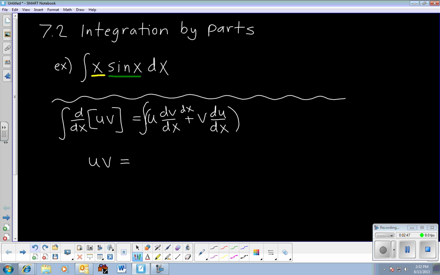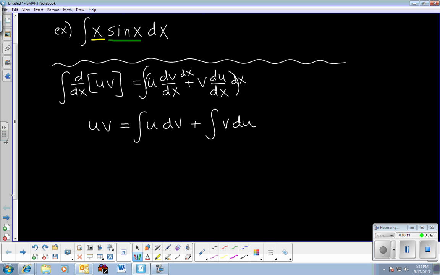I should be technical and throw that in when I put my integration symbol in. But I'm left on the right side with the integral of u, and then the dv dx times dx kind of just cancel out and leaves me with the integral of u dv. Then I'm going to integrate the next one and get the integral of v times du.